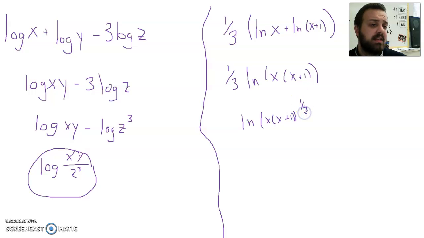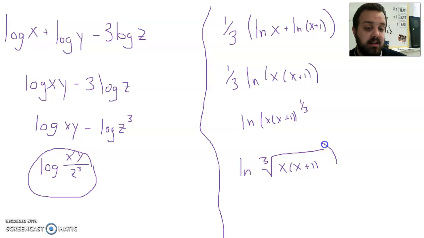One way to rewrite this to make it look a little nicer is that I know the 1/3 power is the third root, because roots are just fractional exponents. So the third root of x times x plus 1. And there we go. We have a fully condensed logarithmic expression.